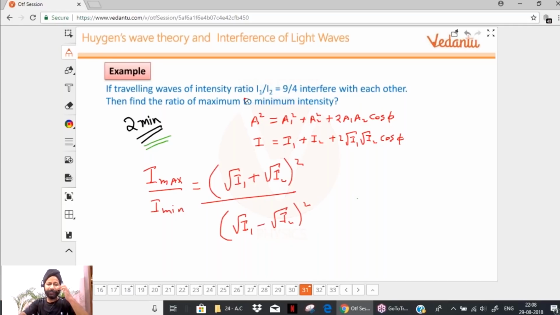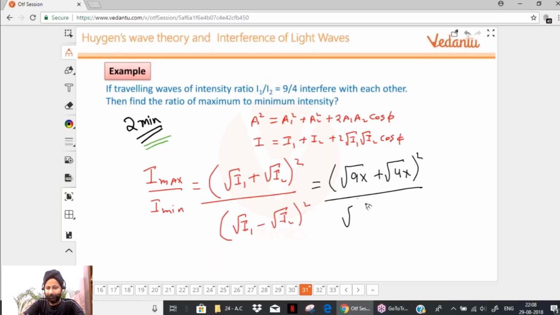But we know the ratios, so we can always use the proportionalities there. So let I1 be 9x and I2 be 4x. We cannot say 9 and 4, but we can say 9x and 4x. So this becomes (root of 9x plus root of 4x) whole square divided by (root of 9x minus root of 4x) whole square.